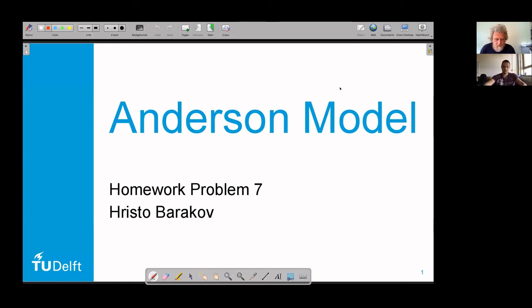Now, in this presentation, we're going to talk once again about the Anderson model. And this time, we're going to go a little bit further and also express the decay rates from the delocalized level to the metal.